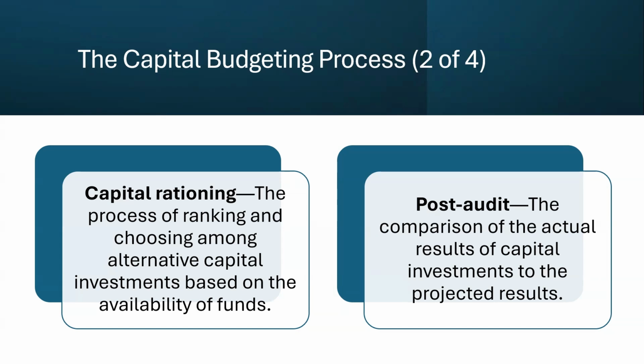So capital rationing involves ranking and selecting among alternative capital investments based on the availability of funds. Now, managers must decide if and when to make specific capital investments, especially when the company has limited cash available for long-term assets.